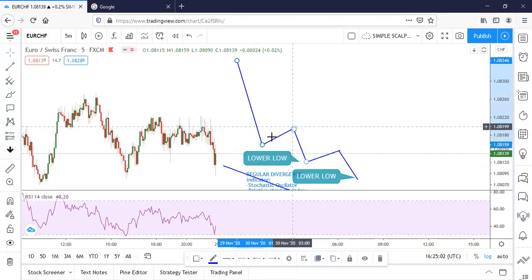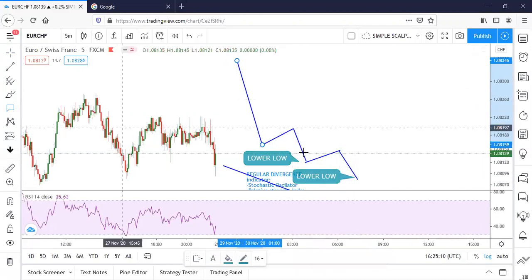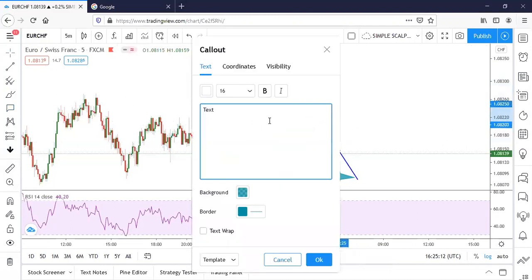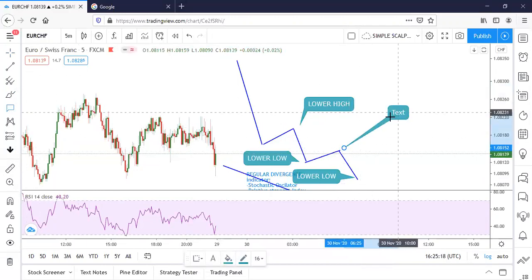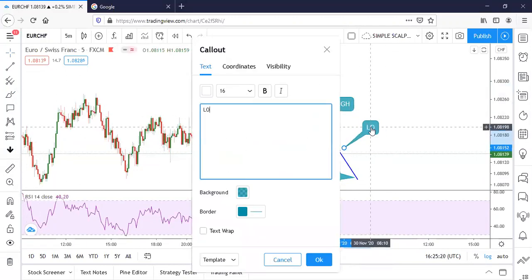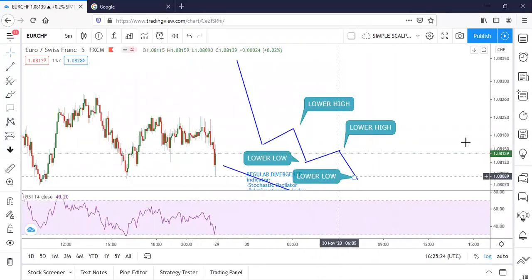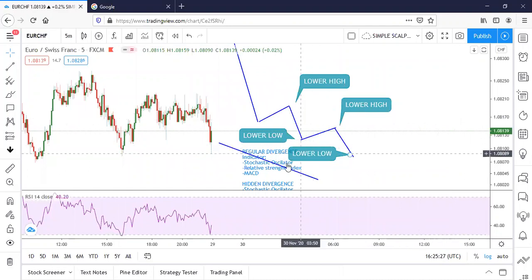This place is called lower low and lower low, while this place is regarded as lower high, lower high, lower high.